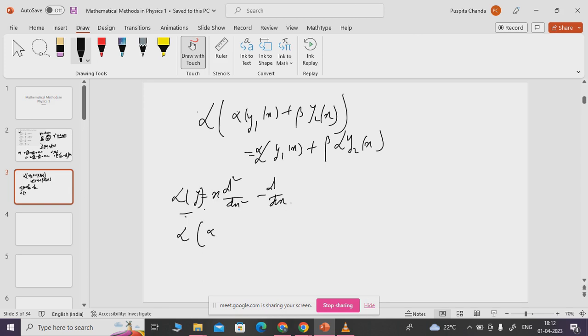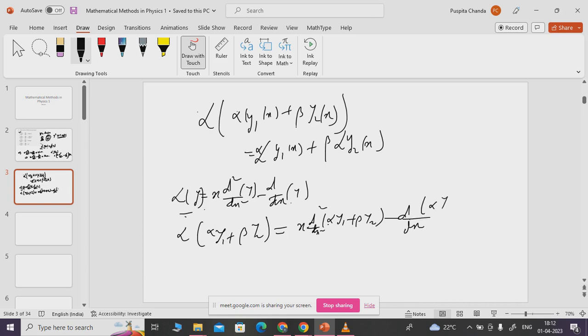So L operating on alpha y1 plus beta y2 gives x d2/dx2 of (alpha y1 plus beta y2) minus d/dx of (alpha y1 plus beta y2).